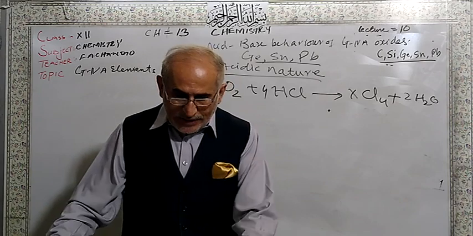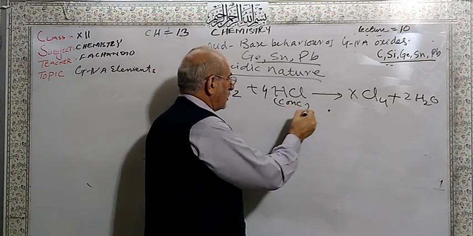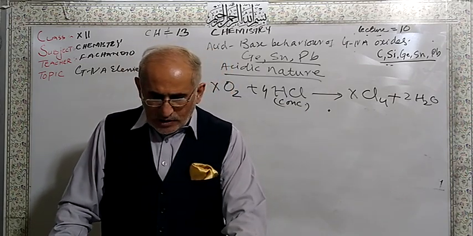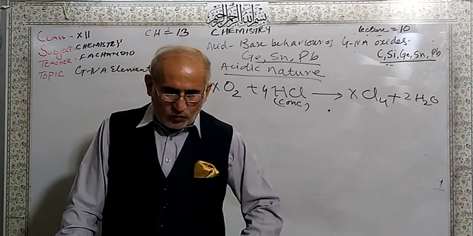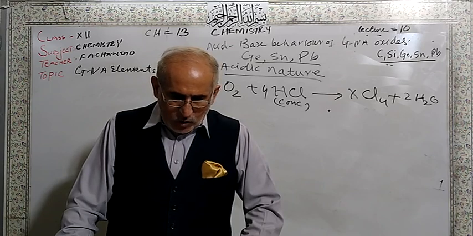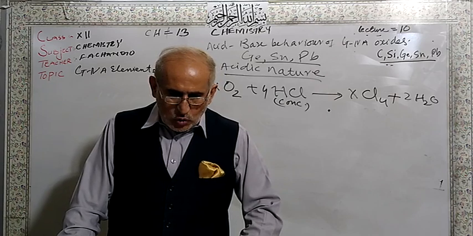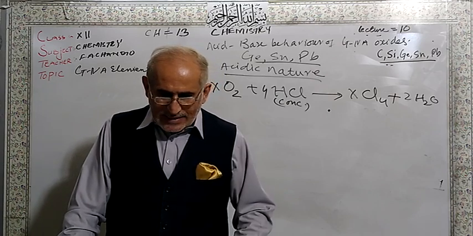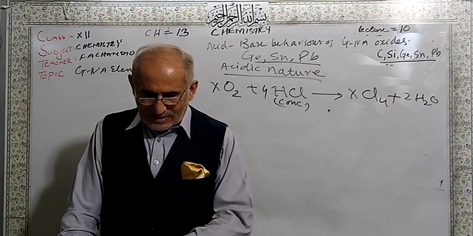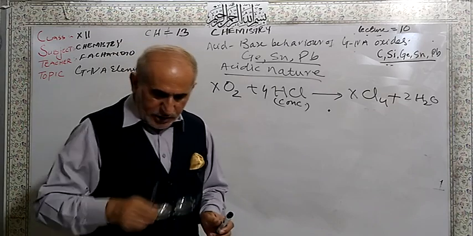So the dioxide reacts with concentrated hydrochloric acid first to give a compound of the type HCl4, with 4 chlorine atoms involved. These will react with excess chloride. When you use excess chloride ions, you get complexes.